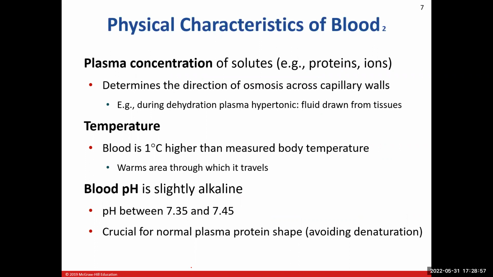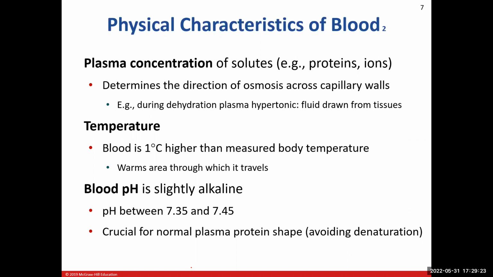All right, our next grouping of physical characteristics of blood is the plasma concentration of solutes. So when you go in and you get your blood drawn, and you look at your lab results, you'll see several things that are measured. We see how many red blood cells you have, how many white blood cells you have, what your platelet count is.